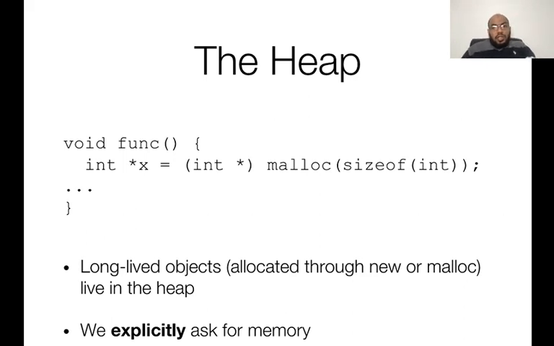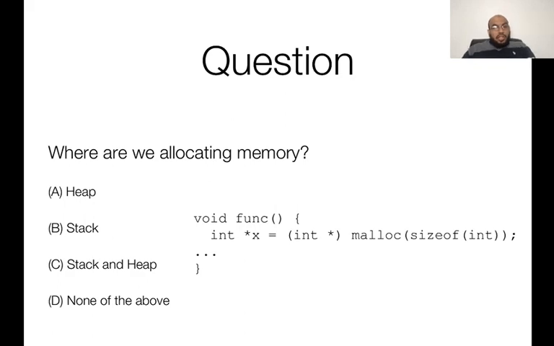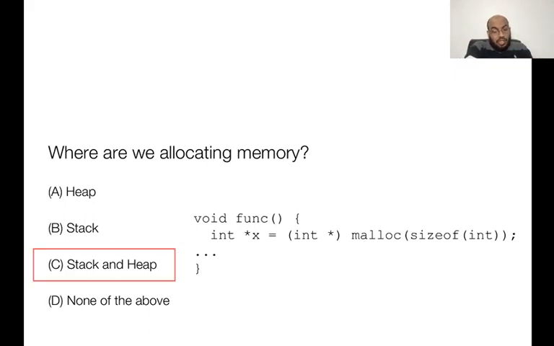So here's a question: where are we allocating memory now in this code? Even though I just said that we're going to do it in the heap, where the actual memory allocation takes place, you're still defining a variable called x. Although it's a pointer, somewhere x needs to be stored. x is not going to just fly on Earth.